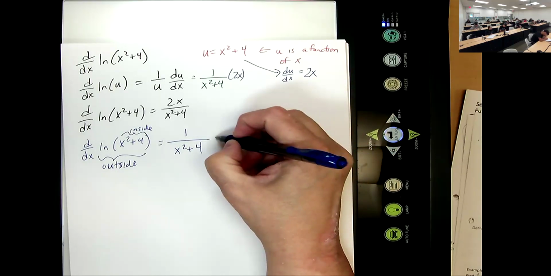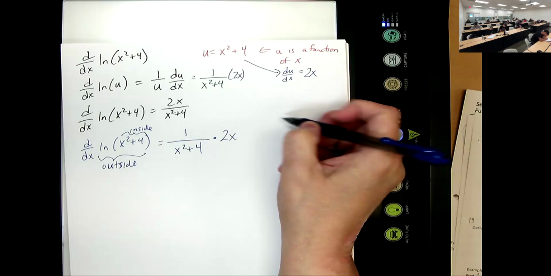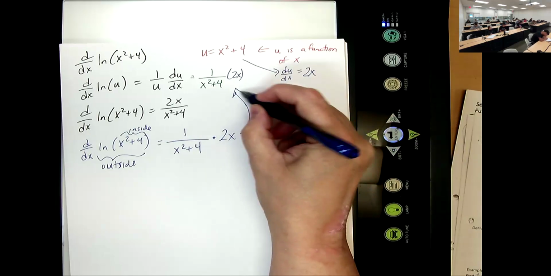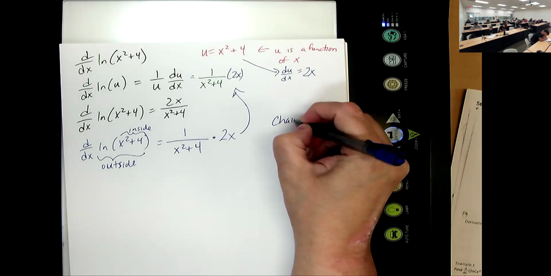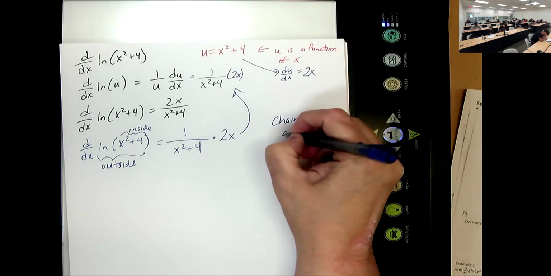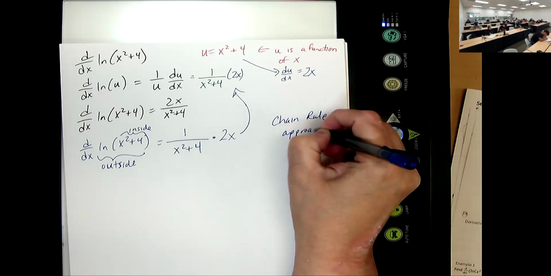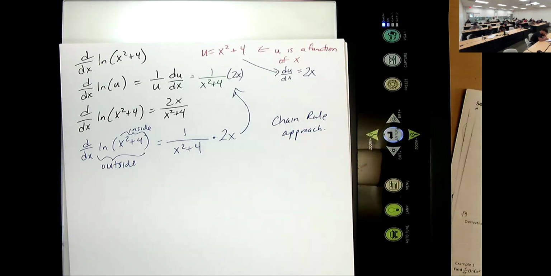And then the derivative of the inside is 2x. And now what do we have right there? That's the chain rule approach. Sometimes the chain rule approach is really messy and it's handy to do the u substitution, as you'll see on our very next example.